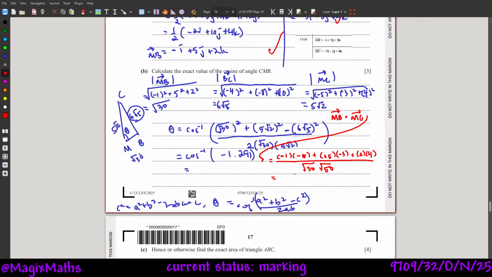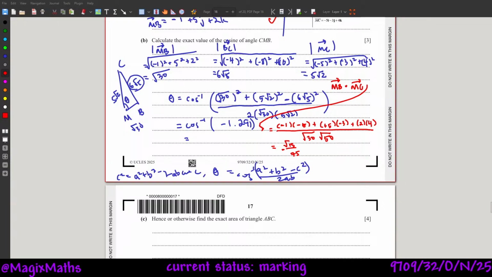Then we obtain root 15 over negative 75. And that is, yep. Dot product.